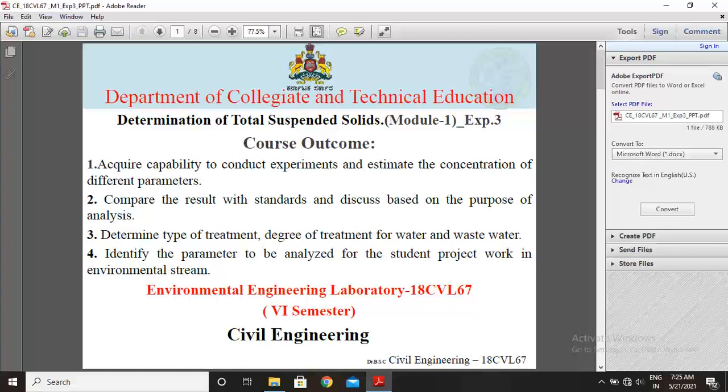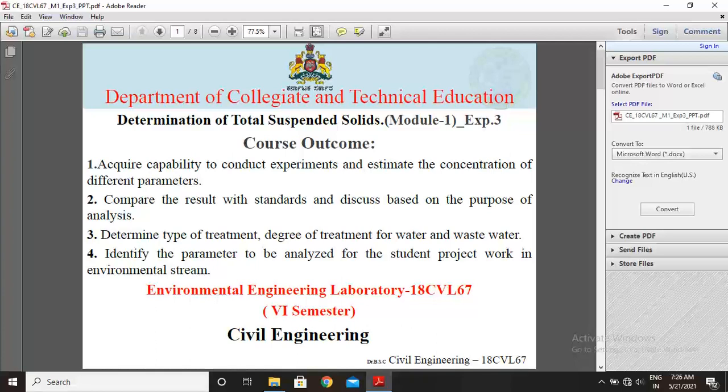Third course outcome is determine type of treatment, degree of treatment for water and wastewater. Fourth is identify the parameters to be analyzed for the student project work in environmental stream. So these are the course outcomes of this subject.